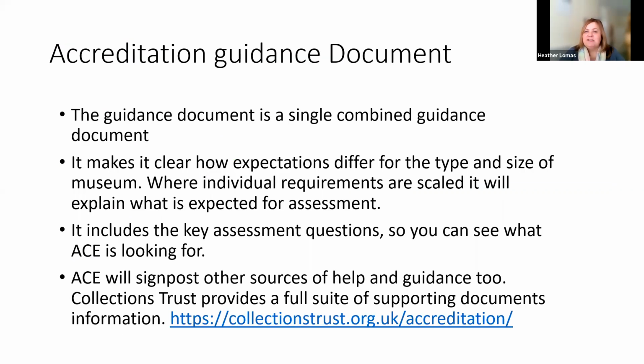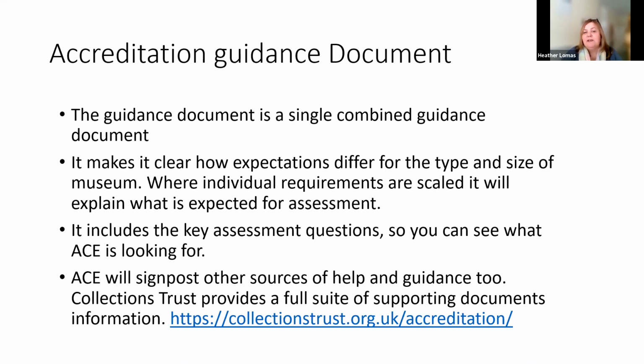Referring back to the accreditation guidance document, it is a single combined guidance document, so it covers all of the areas of the accreditation standard. It's really useful because it makes it absolutely clear what you need to do to meet the accreditation standard. It's clear how the expectations differ for the type and size of museum you are, and where the individual requirements are scaled, it will explain exactly what's needed for assessment.